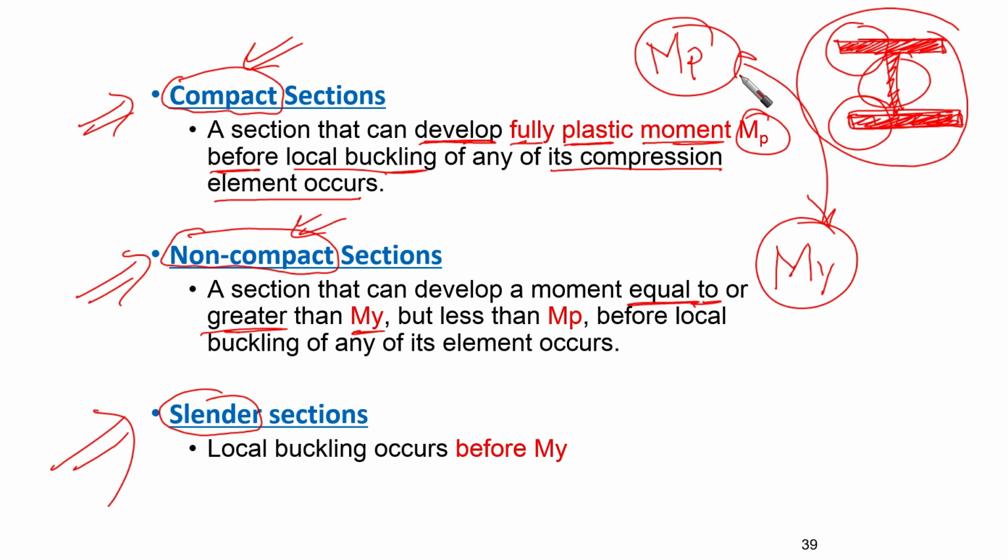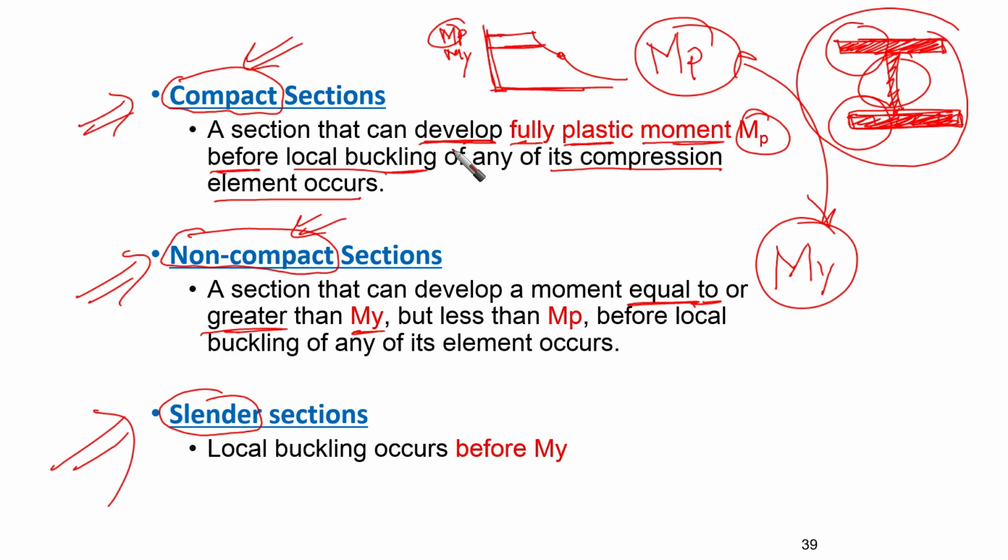I'm going to show you in a minute, but remember that MP is higher than M yield. I'm going to draw it. Maybe this is M yield, for example, and here MP, plastic. We're going to find that the section can develop the full plastic moment.